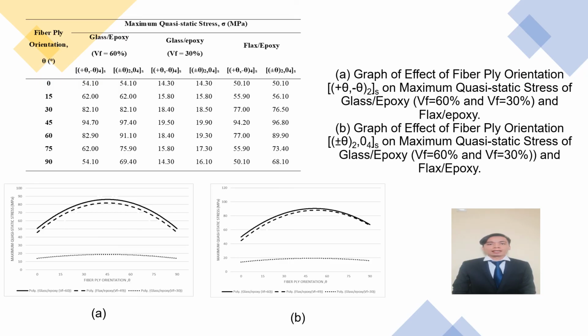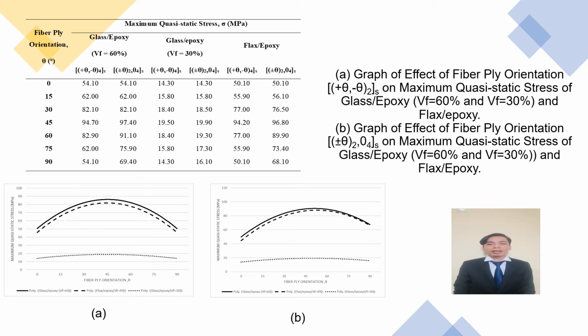Next is QSI. From this table, glass epoxy with a volume fraction of 60% possesses a greater QSI strength at 45 degrees, followed by flax epoxy and glass epoxy with a volume fraction of 30%. Overall, the highest maximum QSI stress can be seen from 45 degree fiber orientations, while the lowest maximum QSI stress is seen from 0 and 90 degree fiber orientations.